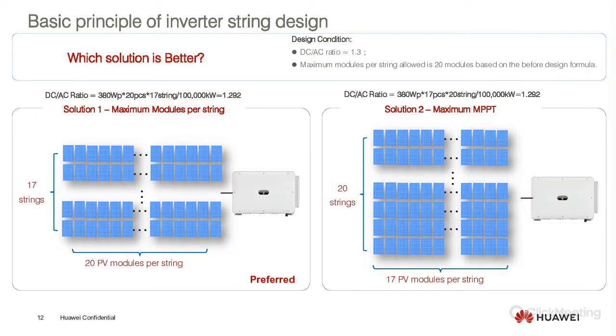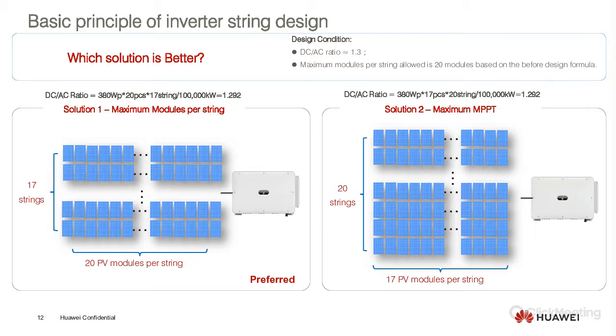So here are 2 very clear examples to achieve a DC to AC ratio of around 1.3. The maximum modules per string allowed is around 20 modules, based on the information and the formula followed in the previous screens. So there are 2 options to get that oversizing ratio and also the maximum amount of modules per string.